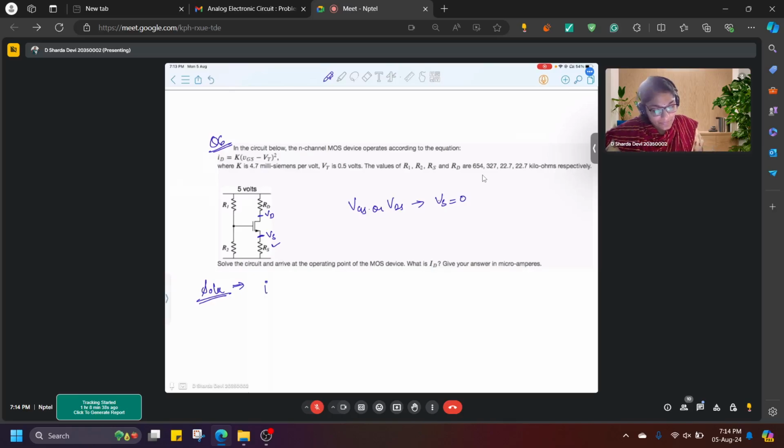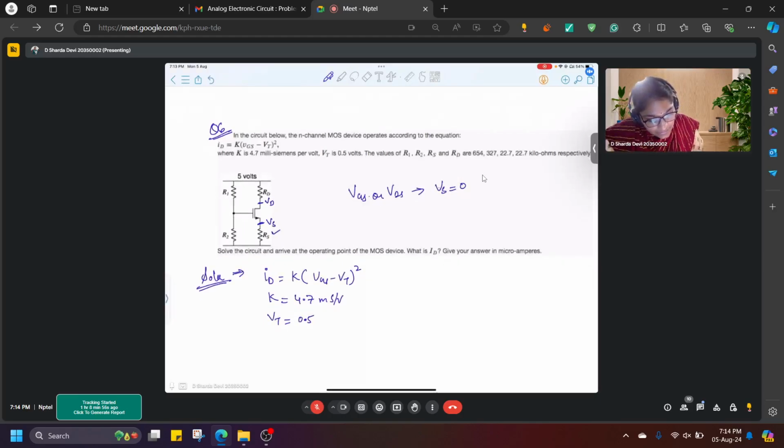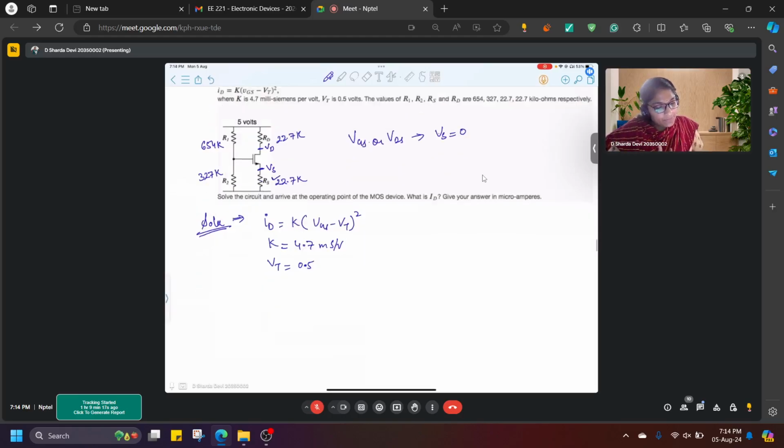So here ID is K times (VGS minus VT) squared, K is 4.7 milliamperes per volt squared, VT is 0.8, R1 is 654, R2 is 327, RS and RD are 22.72 each. Now solve this circuit. Arrive at the operating point of the MOSFET. What is the ID? Give your answer.